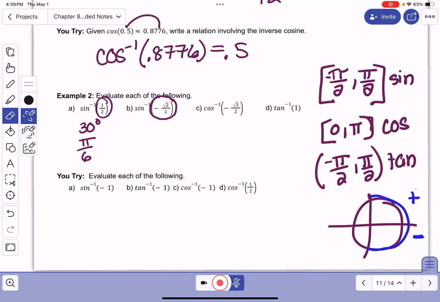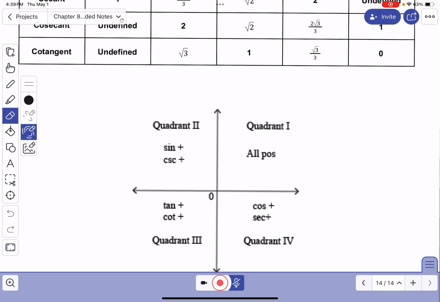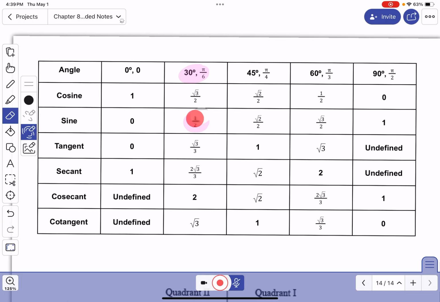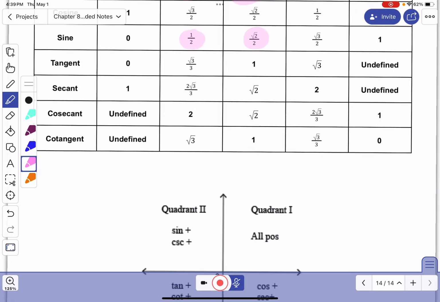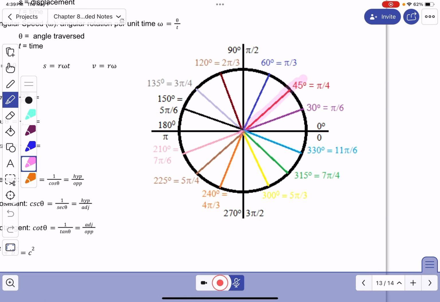All right. So if we're looking at sine negative root 2 over 2, sine equals root 2 over 2 at 45 degrees. So on this thing, at 45 degrees, it's positive. So here it would be negative.